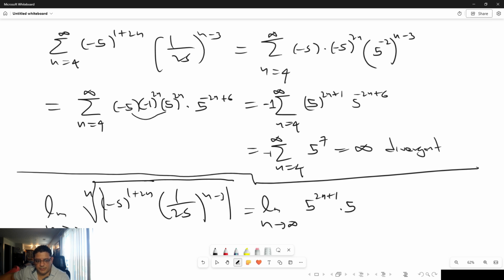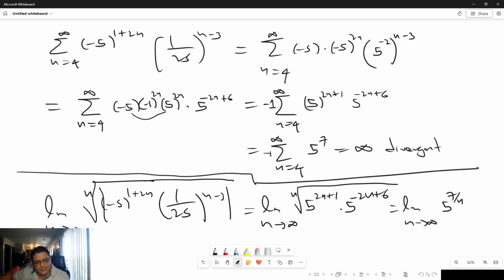And this is going to be 5 to the minus 2n plus 6 at the end, and this is still going to be the nth root of this. And then at the end, this is just again 5 to the 7 over n, right?